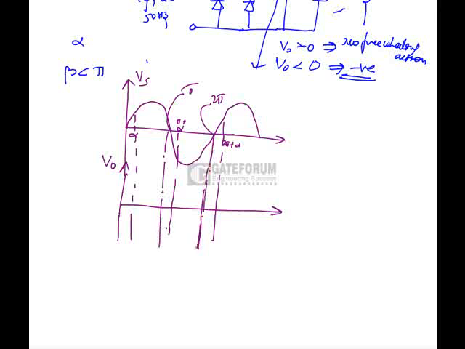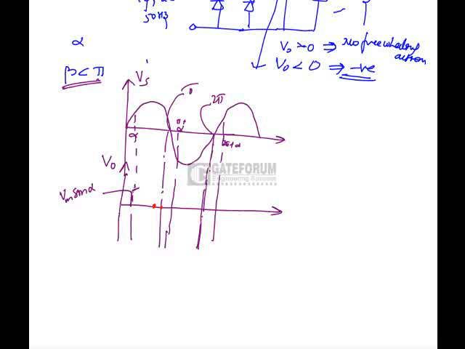Now when beta is less than pi, what does it mean? This is triggering at this point of time. So input voltage at that instant is equal to Vm sine alpha, which is equal to V0. Since beta is less than pi, I am taking the point at this level.